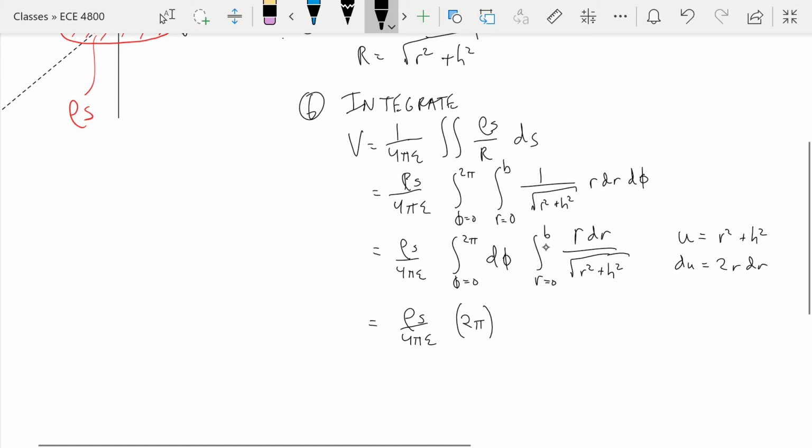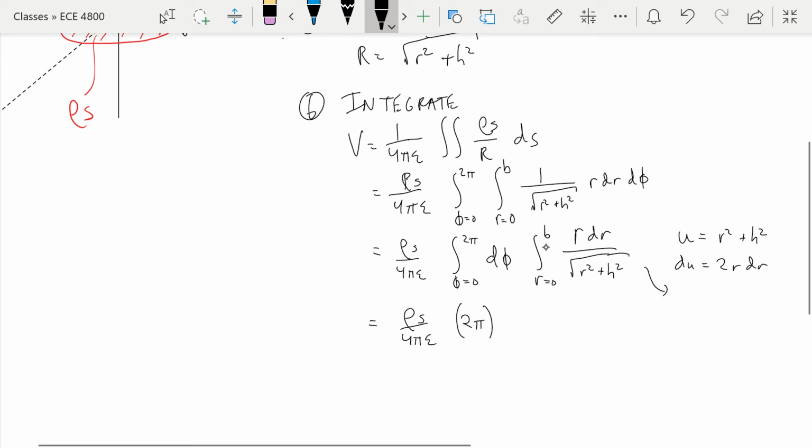So we define this as a variable u equals r squared plus h squared, and then the derivative of this u is going to be 2r dr, and so you can put this in the form of 1/2 u, I'm sorry, let me just be totally clear here with this.